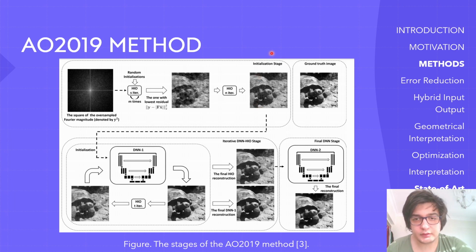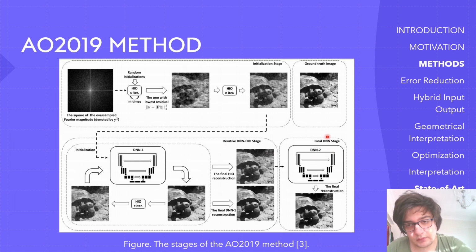After the initialization step, we use the iterative DNN and HIO stage. In this stage, we repeatedly do this denoising and HIO step. After we denoise the result, we enforce the constraints using the HIO model. Then we repeat this iterative stage at most 30 times, and we also use a final denoiser to improve the reconstructions at the output of the iterative stage.